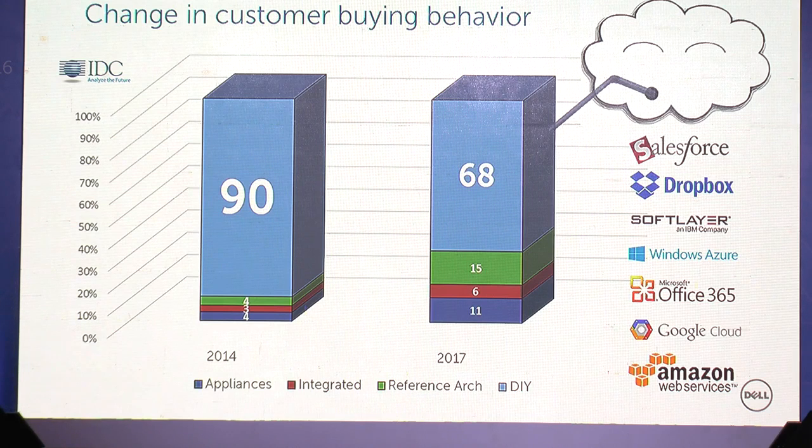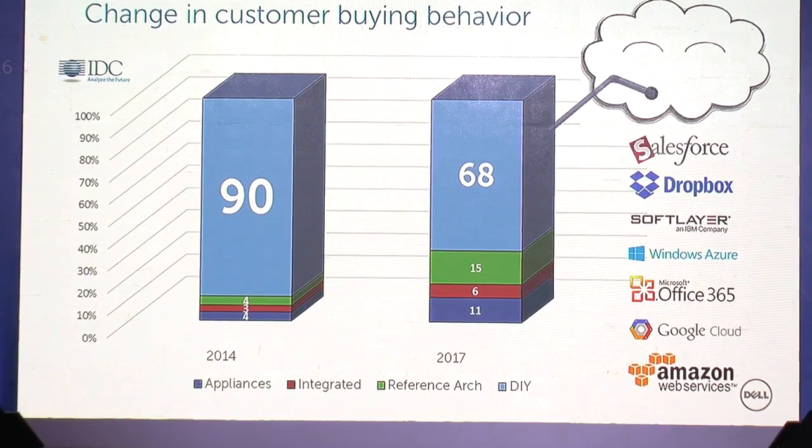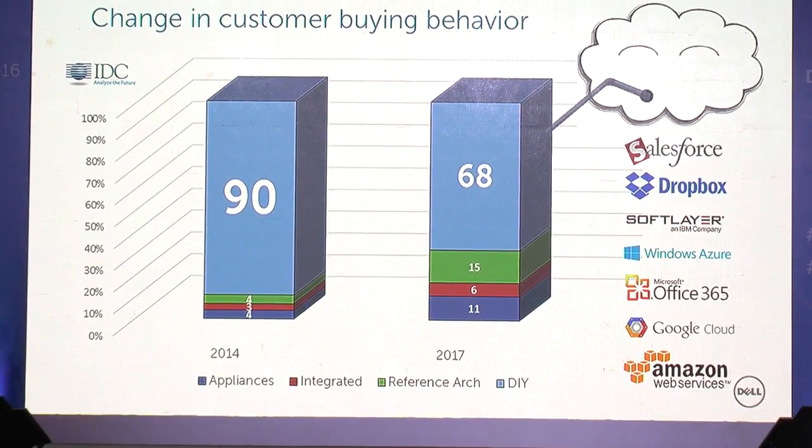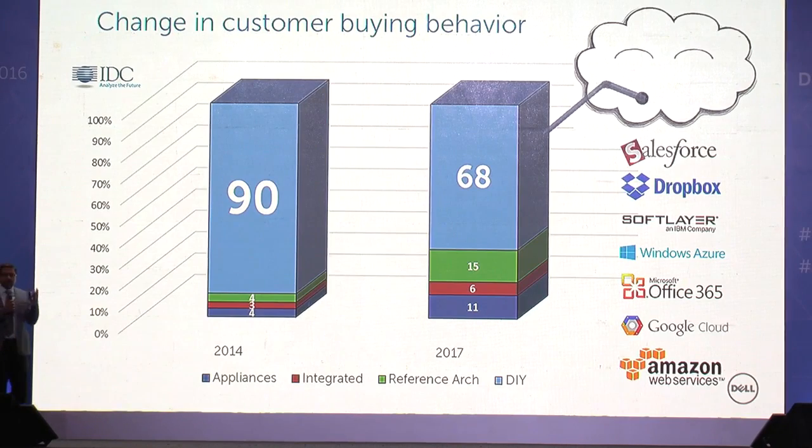They buy it as just hardware and put the solutions together themselves. That's why I say DIY. It was more like do-it-yourself. Most customers, 90% of the market, went about just buying servers separately, storage separately, networking separately 2 years ago.